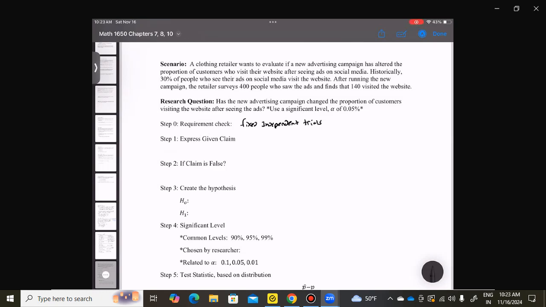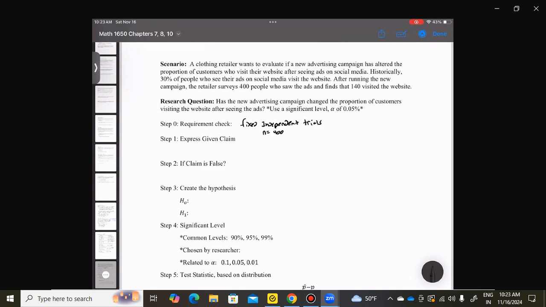And for this, we are looking at 400 people who filled out a survey. So that is our sample size. And we're going to assume these people are independent of each other. That will be taken care of in the sampling process.